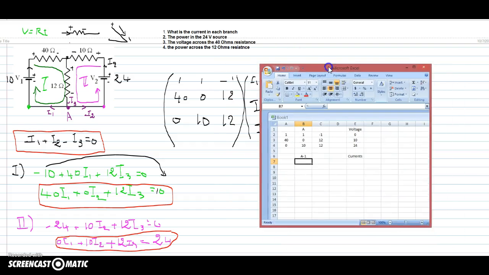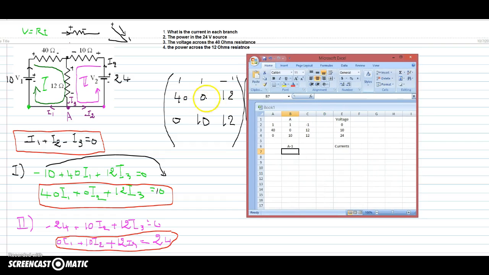So this is the same matrix, as you can see: 40, 0, 12, and 0, 10, 12. So this is how we do it in Excel. I select 3 by 3 and call the function matrix inverse. It takes the argument, the matrix A, close, Control Shift Enter.